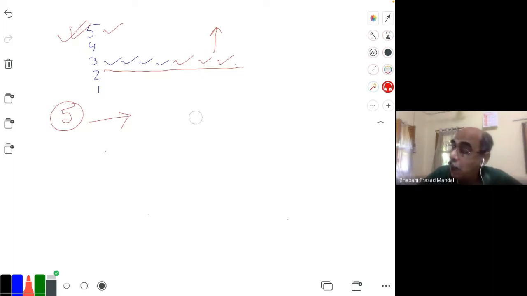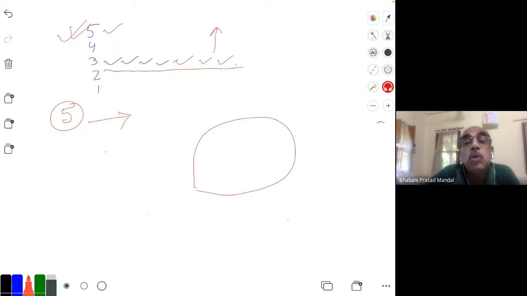So let me explain. Suppose I have a football, and the football is constrained to move on a plane. What does it mean? You have to understand that. If the football is lifted from the plane, then we say the football is not moving on the plane. So there should be a point of contact with the plane.